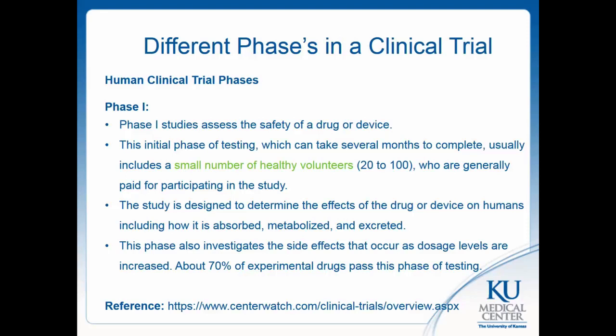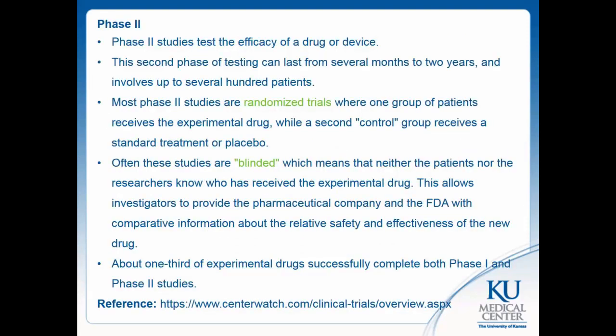So after we do a phase one, if phase one is successful, then we move on to a phase two, which is usually a randomized trial, and the randomization could be either blinded or unblinded. In order to avoid bias, what we usually suggest is to do a blinded study. But again, when we are doing a randomized trial, there are multiple ways to randomize your population.